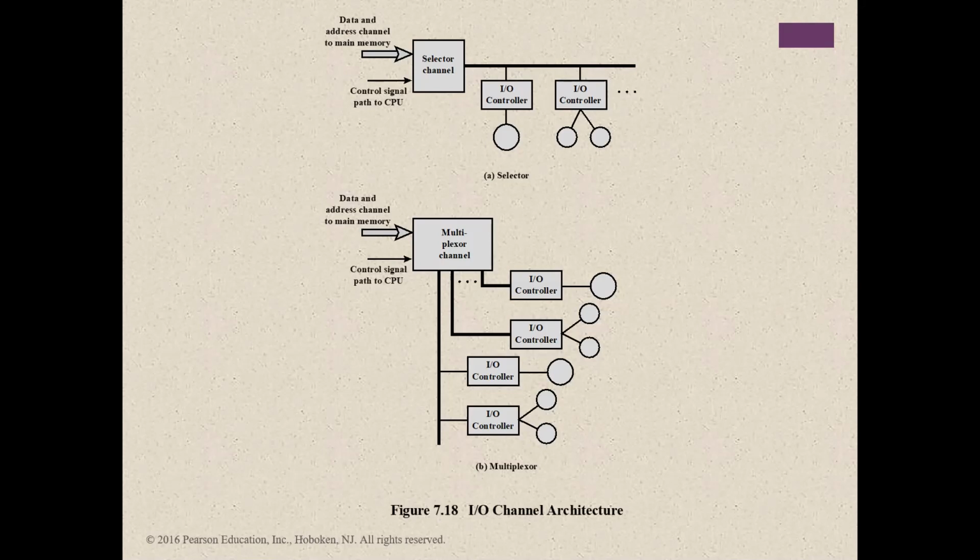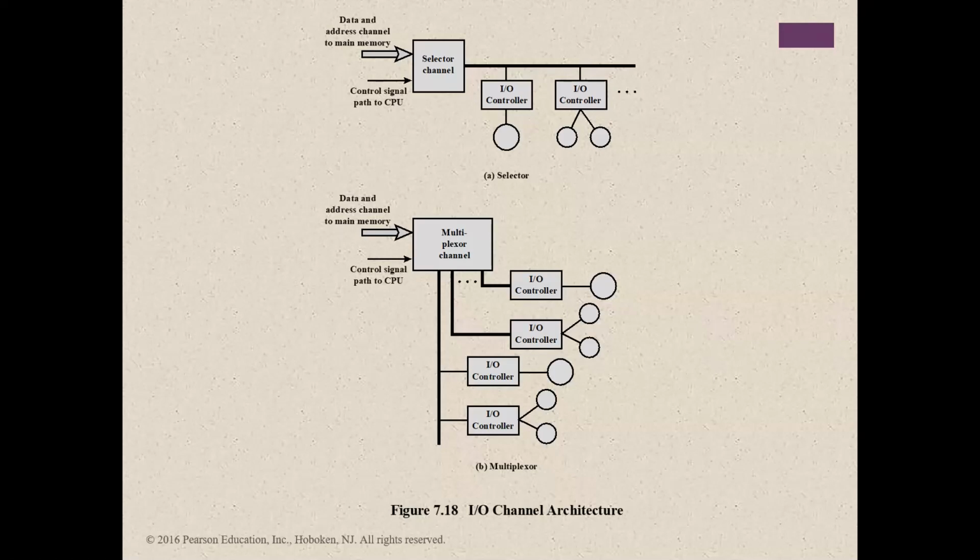In a computer system with such devices, the CPU does not execute those I/O instructions. Such instructions are stored in the main memory to be executed by a special purpose processor in the I/O channel itself. Therefore, the CPU initiates the I/O transfer by instructing the I/O channel to execute a program in memory.